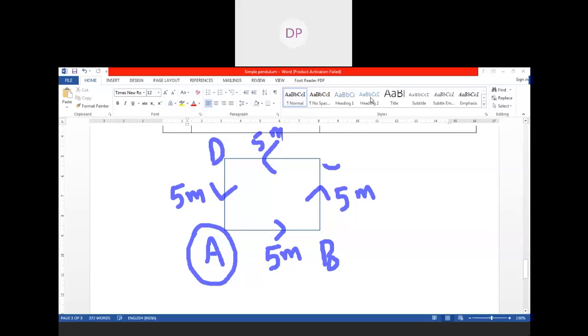Yes, very good. 20 meter is the distance. A to B, B to C, C to D, D to A: 5 plus 5 plus 5 plus 5. Yes, very good. 20 meter is the distance traveled by Shivangi.